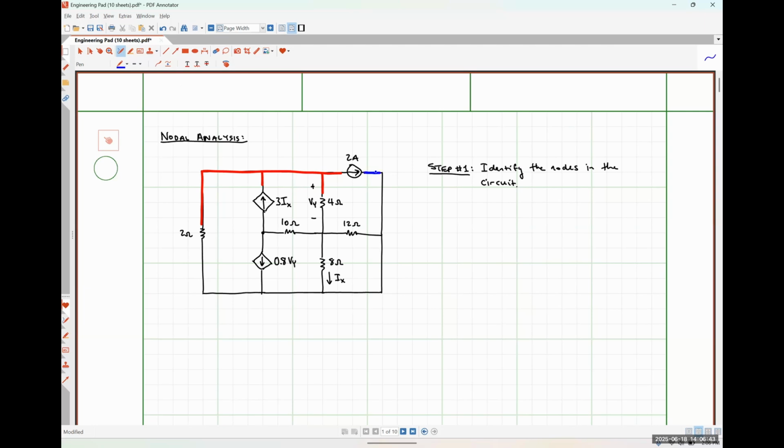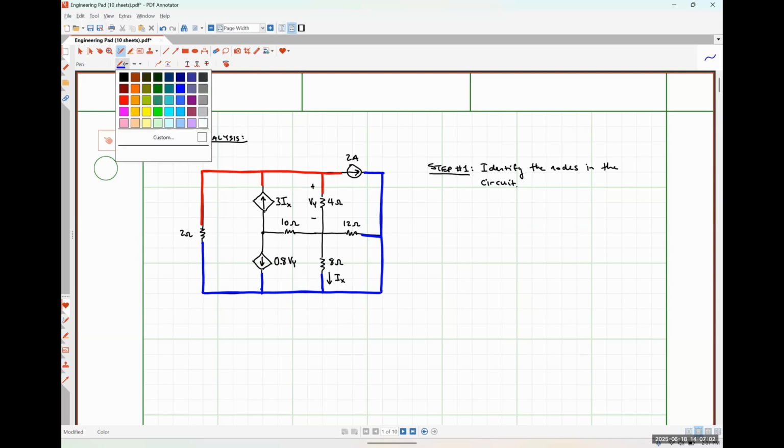Let's do a blue node over here to the right that's going to wind up also wrapping around to the bottom like so. Let's do a green node here to the middle left, and let's do a purple node here to the middle right of the circuit. So ultimately, we only have 4 nodes to deal with here.